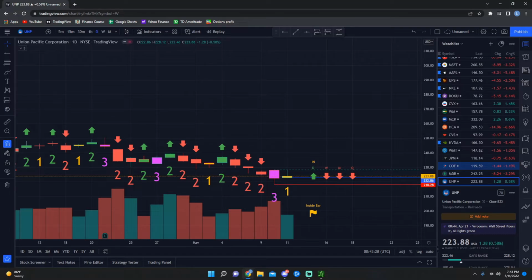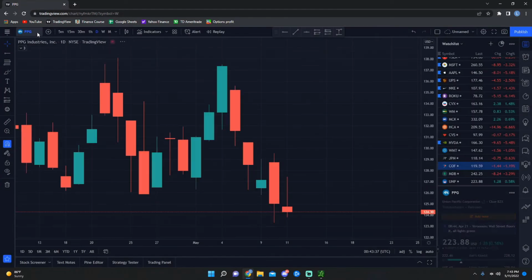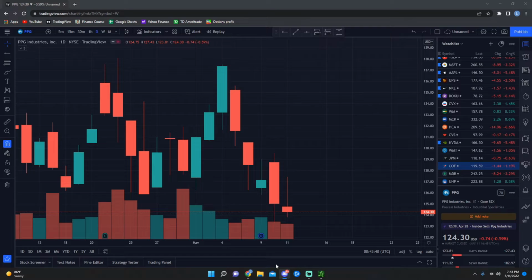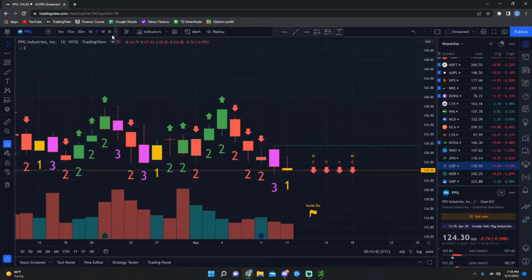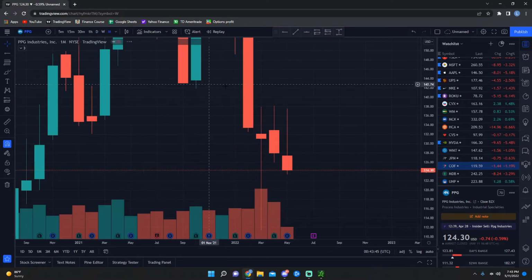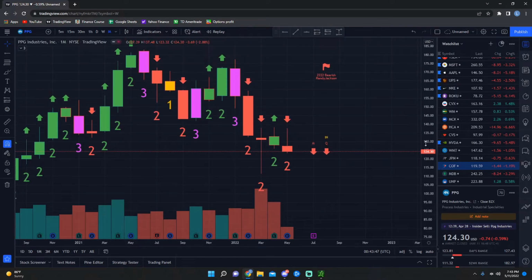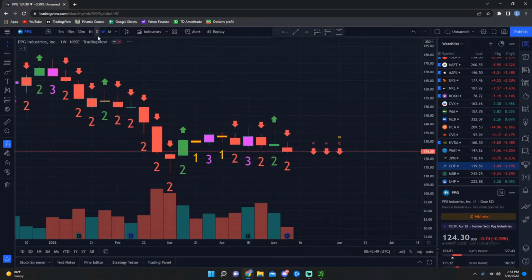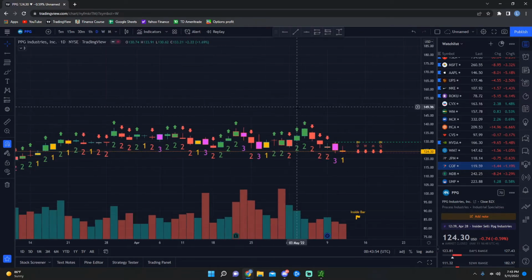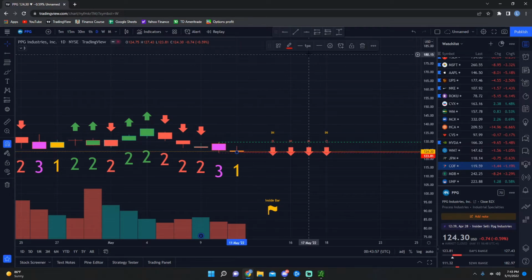Let's look at JPM and PPG. Red. I don't know how I like the candle structure. I think I would take the other play over.